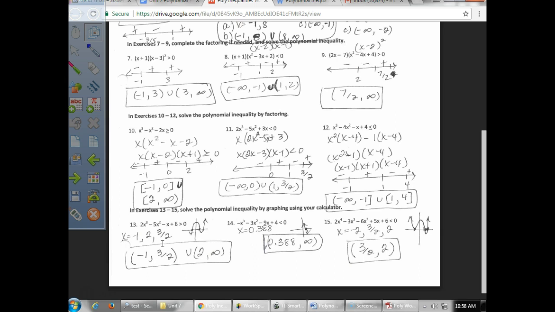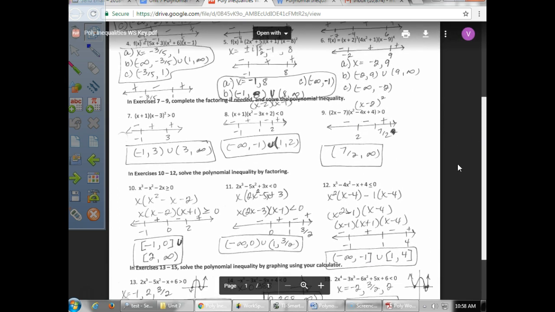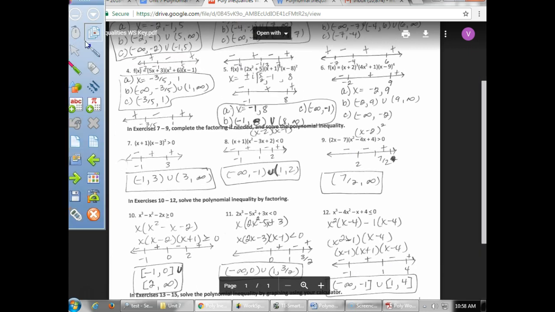Miss Morgan, can you scroll off just a little bit to number 4? I was a little bit confused about number 4 because there's an x squared plus 6, but for A, there wasn't anything done. Okay, I am so glad that Brock asked that question.